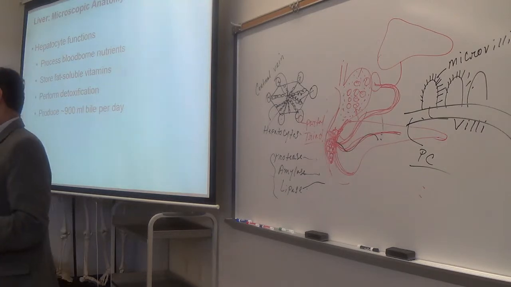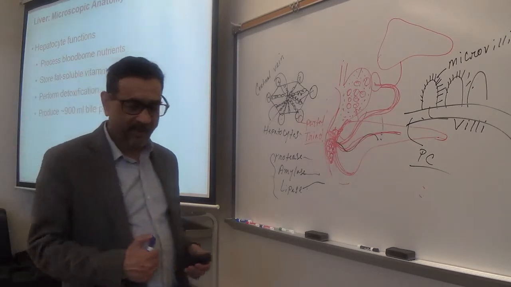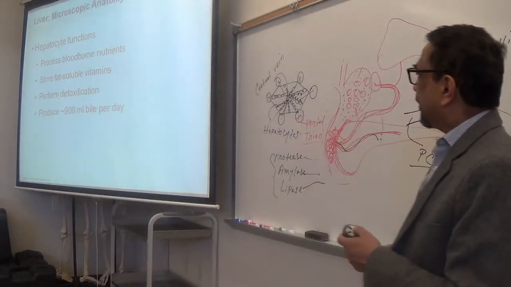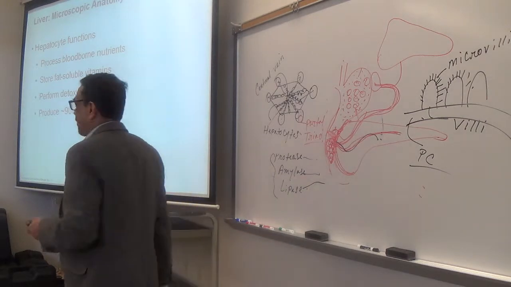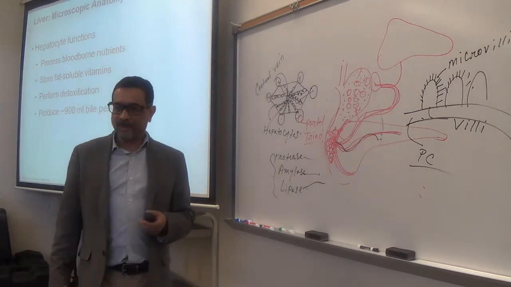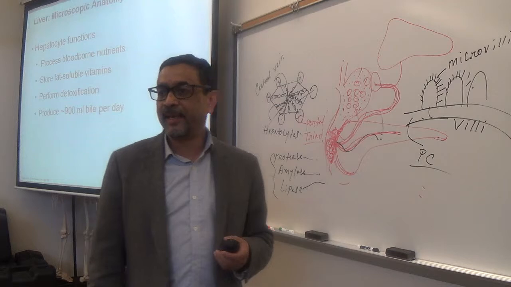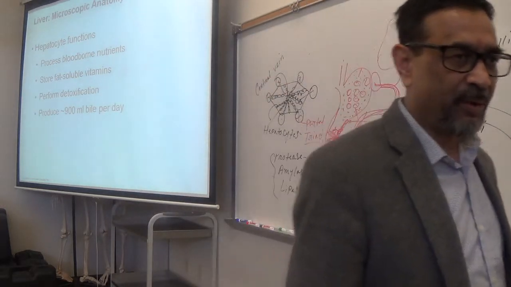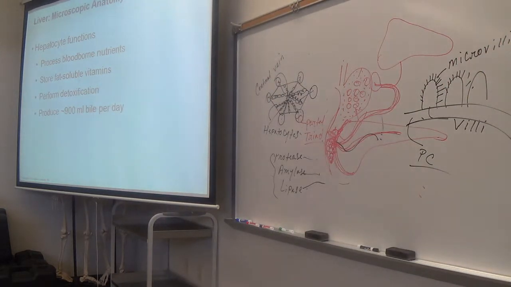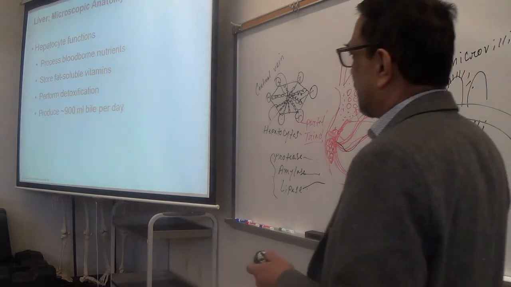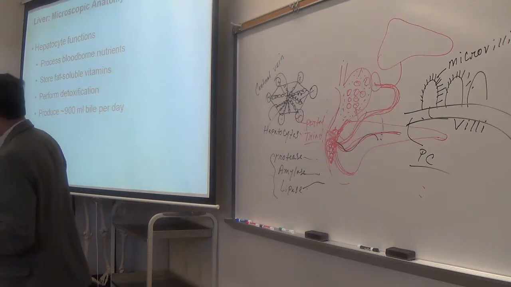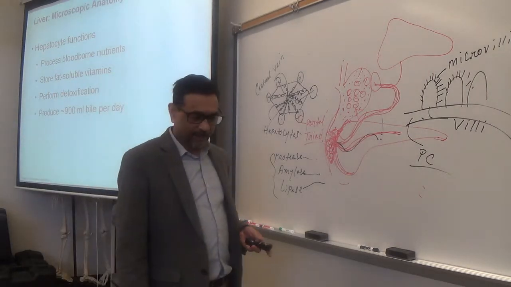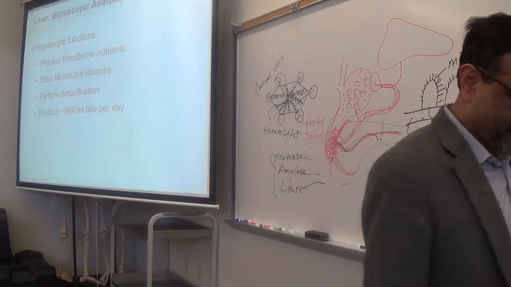So, processing of nutrients, number one. Number two, store of fat-soluble vitamins, vitamin A, D, E, K. A, D, E, K are fat-soluble vitamins. Water-solubles are the other vitamins.